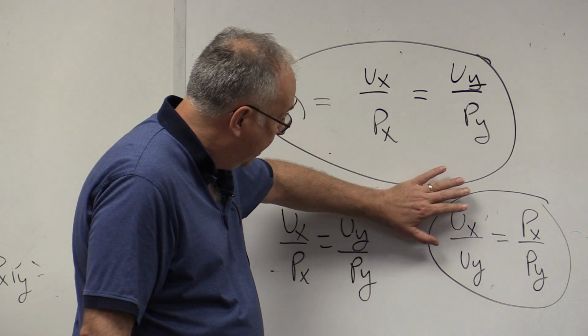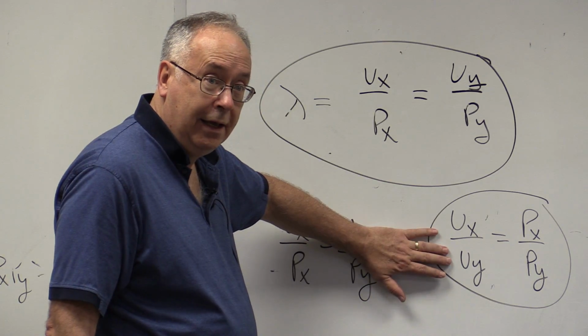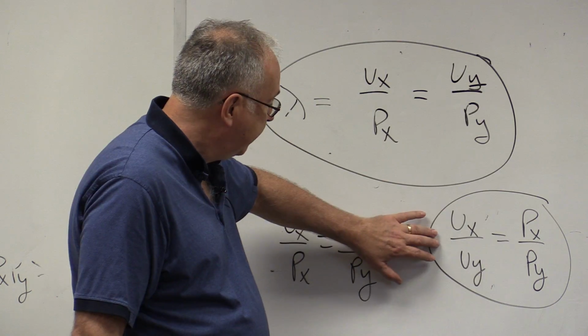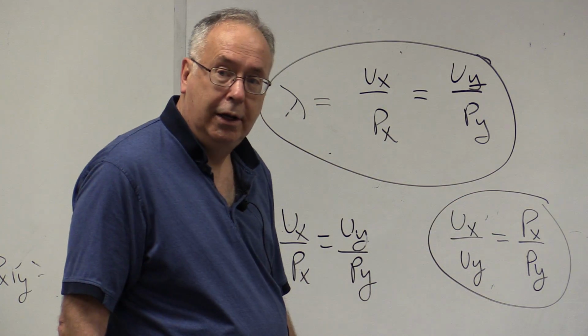Or, in other words, what is ux over uy? The marginal rate of substitution of good x for good y has to be the same as the price of good x over the price of good y.